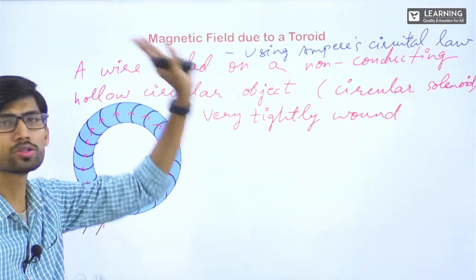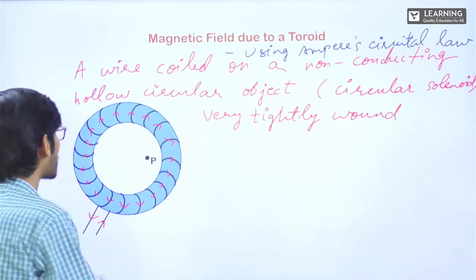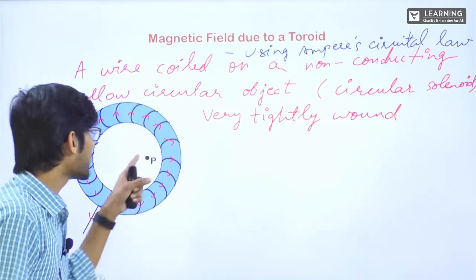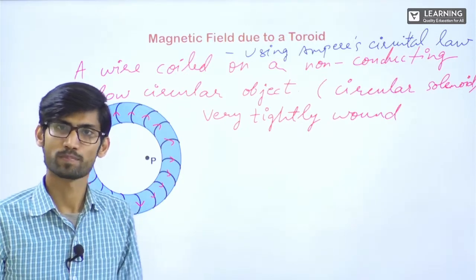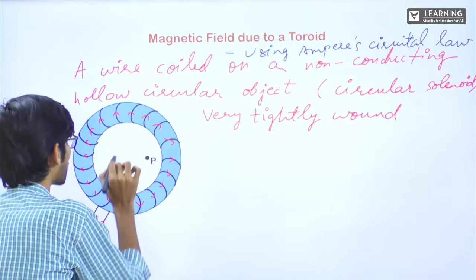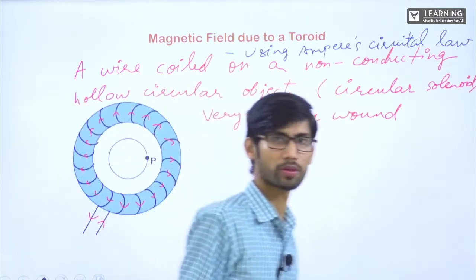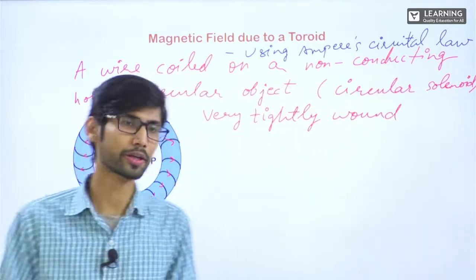So we can easily use Ampere Circuit Law. Now at P, if I have to take out, what do we used to do? Make a loop around it like this. I have made a loop, okay, of some radius. I have made a loop crossing that point.